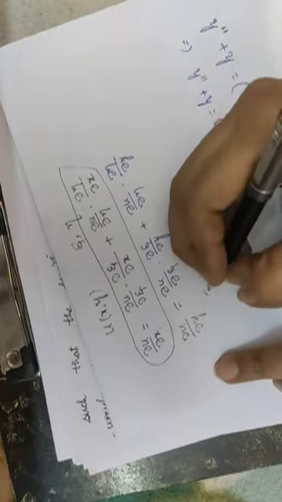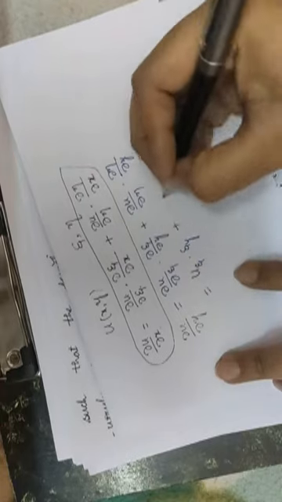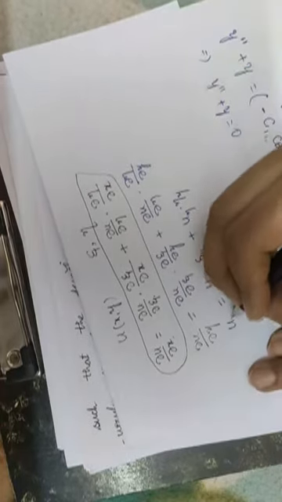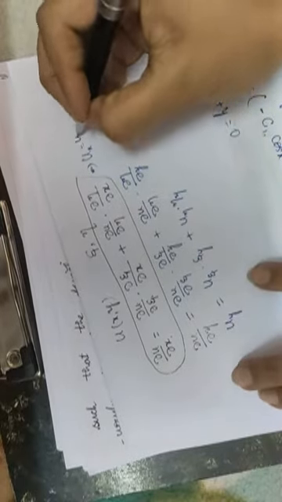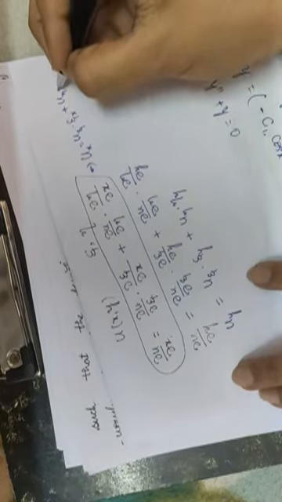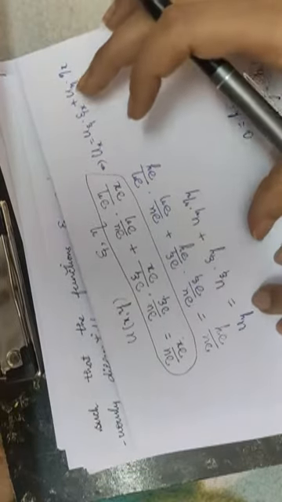I can write this as u xi into xi y plus u eta into eta y is nothing but uy. Similarly, ux is nothing but u xi into xi x plus u eta into eta x. So I will write this directly.